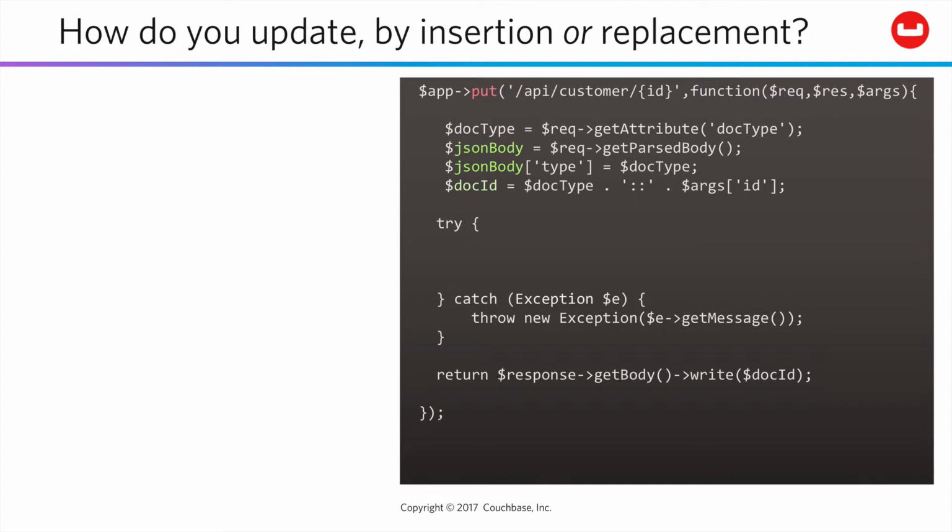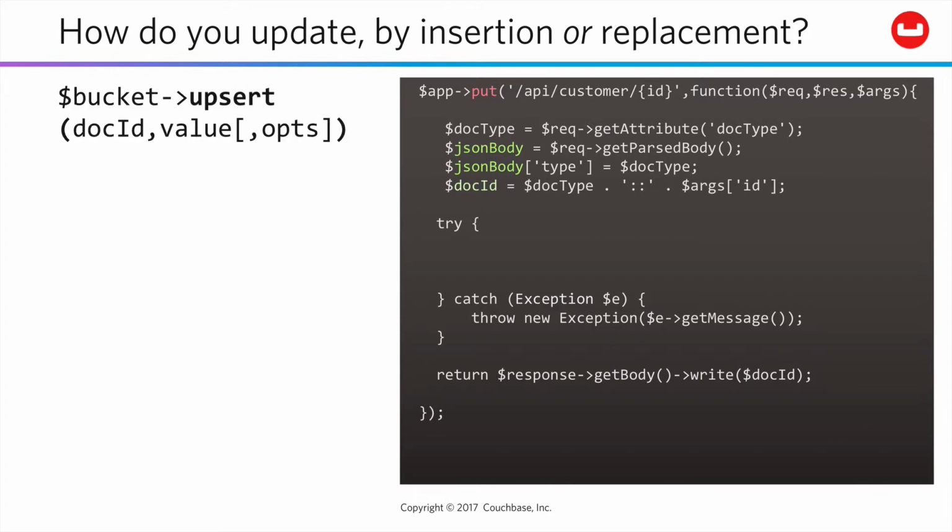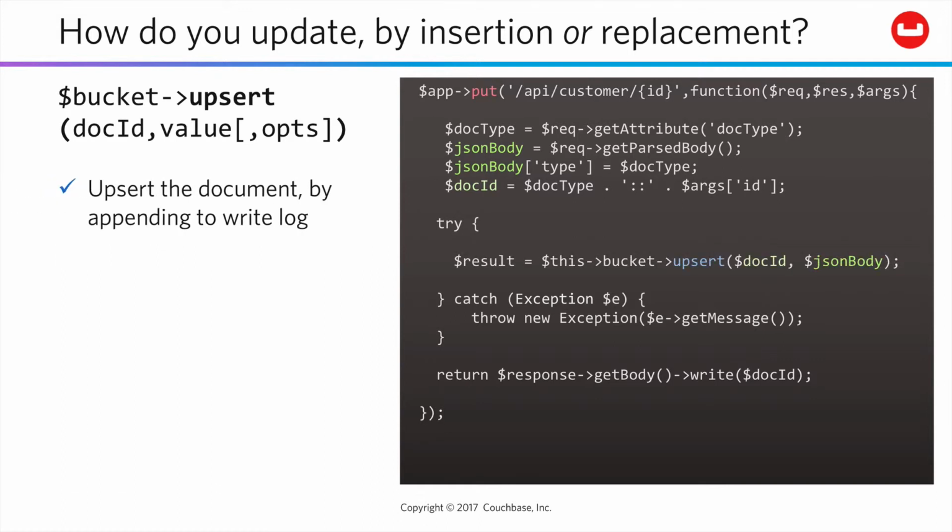Now there's another approach that is potentially even faster. You can update by insertion or replacement. This is done through what's called an upsert operation. Now upsert works just like a replace. You assemble your document ID and your value, but in this case you pass them to the upsert method of the bucket.